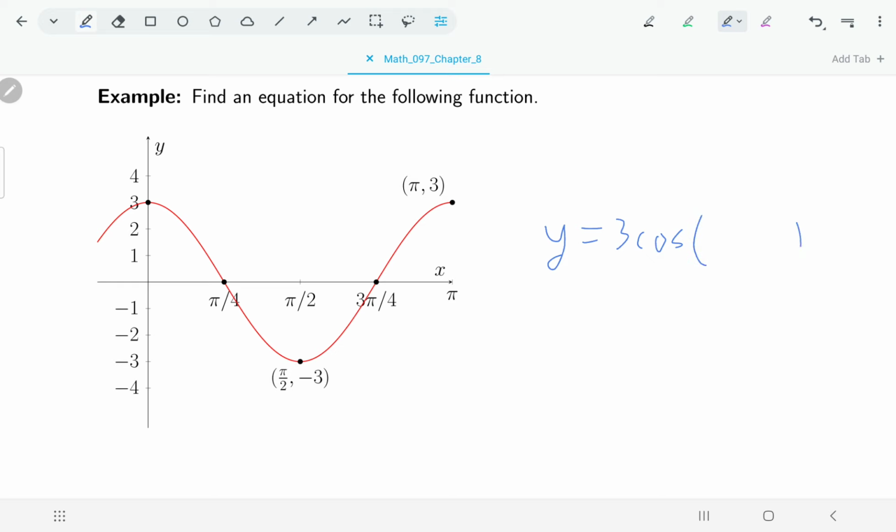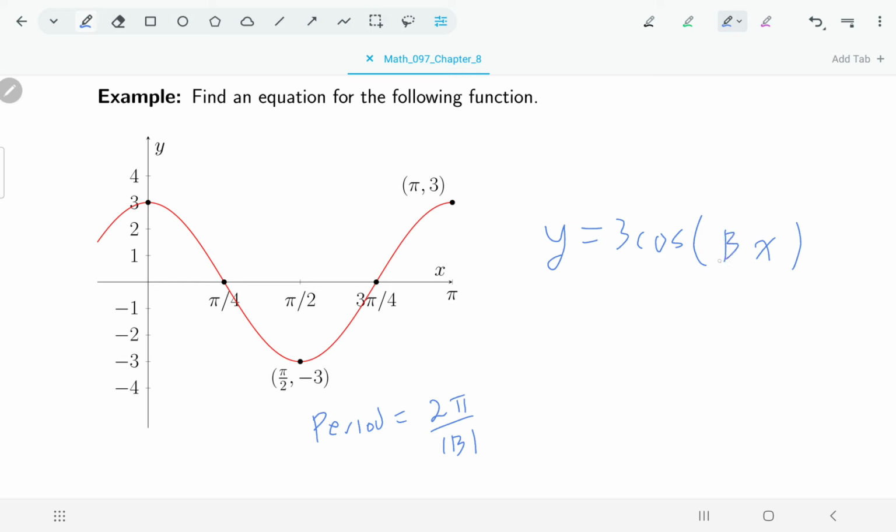If we're thinking about the period for this one, normally the period would be 2 pi. Here the period is pi. We have our period that's half as big as the original one. So in other words, our period is 2 pi divided by the absolute value of whatever mystery number I'm looking for.